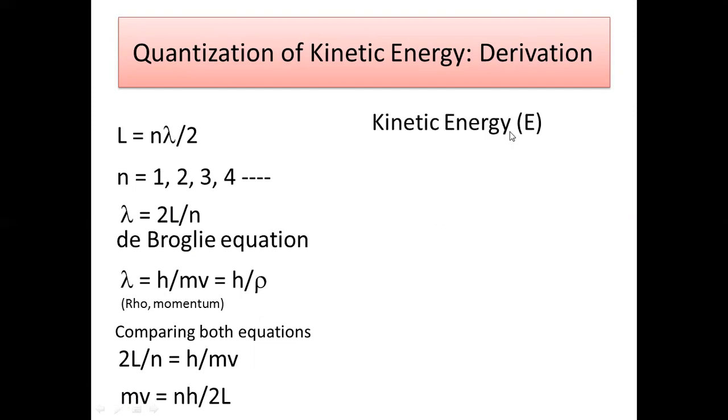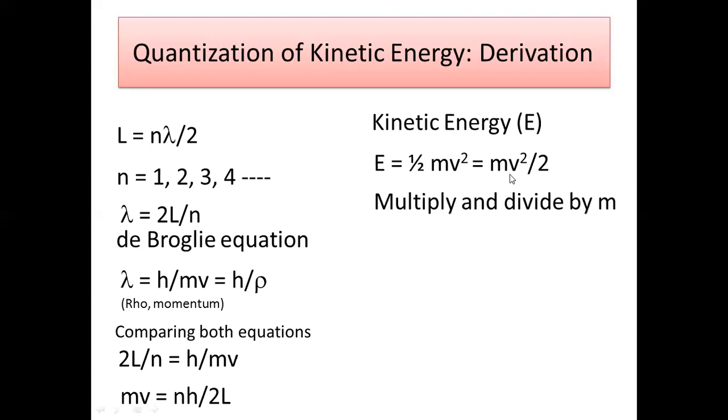Then to find the kinetic energy, which is equal to half mv square, we multiply and divide by m to get the value of the mass into momentum, and this equation becomes like this. There is no difference between this equation and this equation, because you are multiplying and dividing by the same factor.